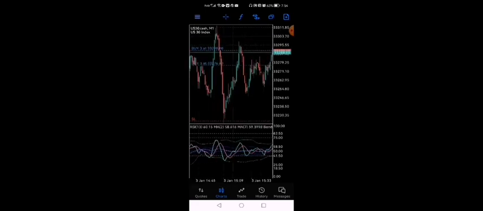So that's what the video is all about. We have discussed the TDI indicator and some of its applications in the video, and we have structured the way of using it. Another wonderful way of using it is that in M15, the green line shows the perfect market structure scenario.